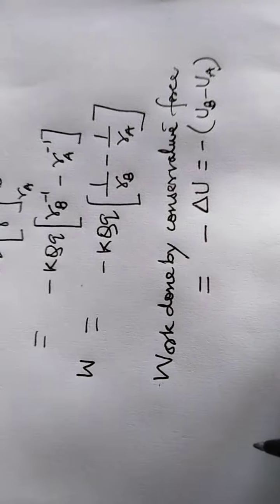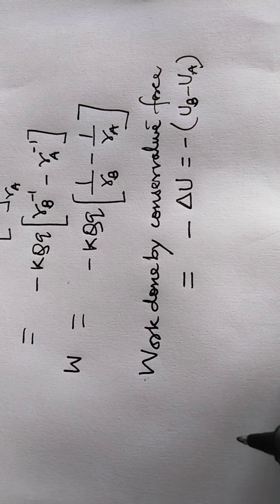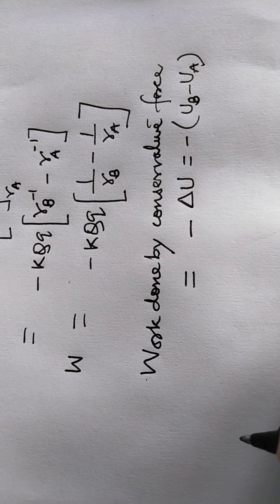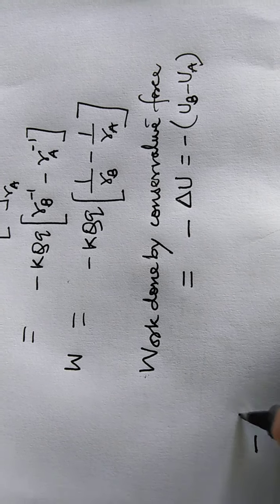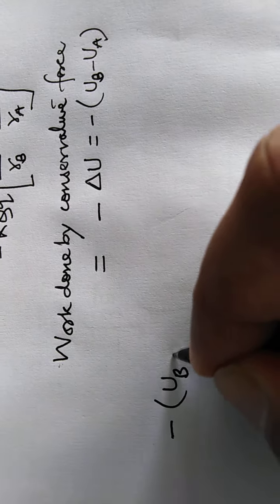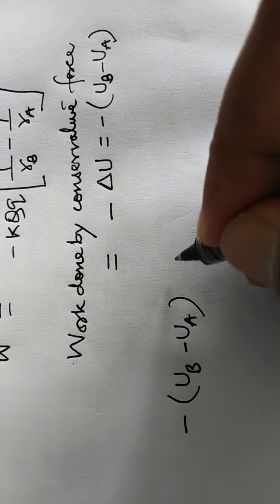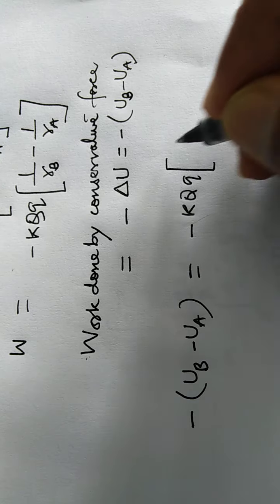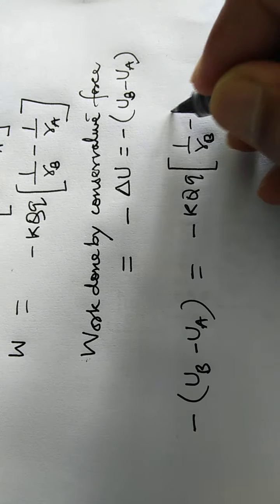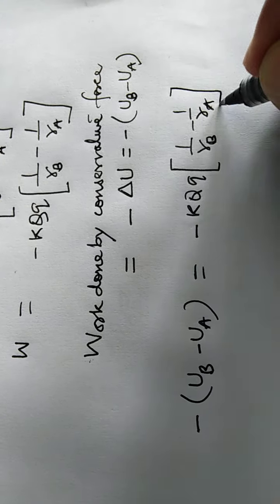So here the work is also conservative. Work is done by conservative force, that is electrostatic force. So we can write W to be minus (U_B minus U_A), and this is equal to minus kQq (1/r_B minus 1/r_A).